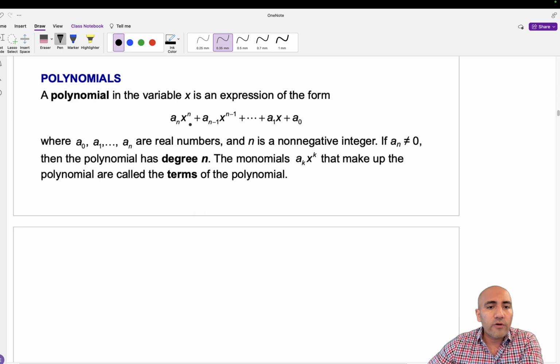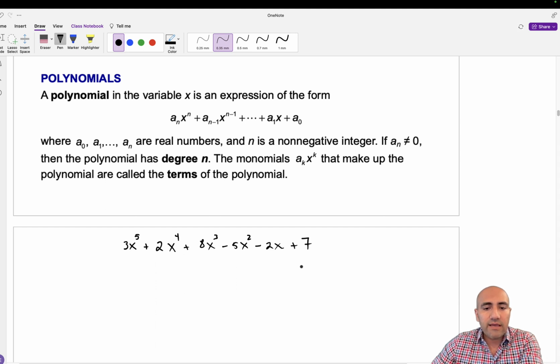So, for example, if I had a polynomial of the form, I'm just going to make one up here, 3x to the 5th power plus 2x to the 4th power plus 8x to the 3rd power minus 5x squared minus 2x plus 7.